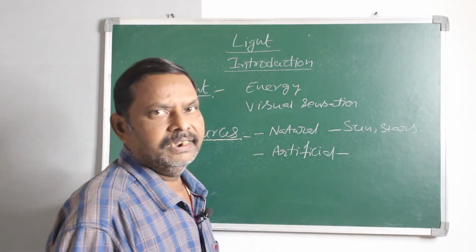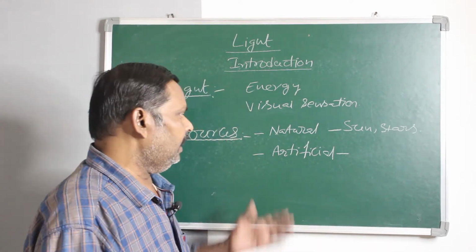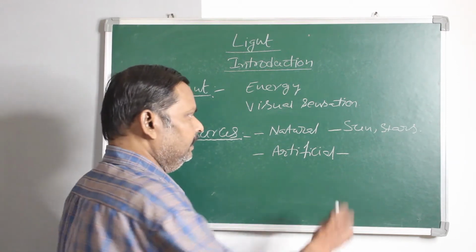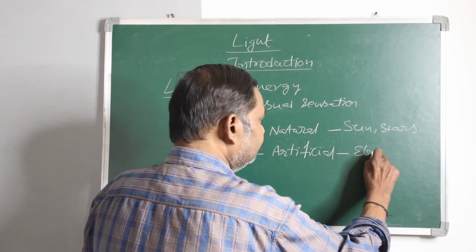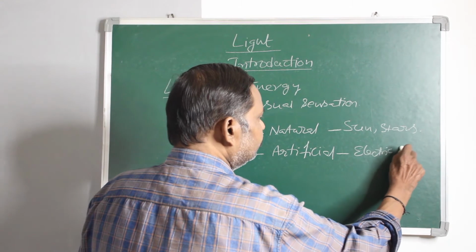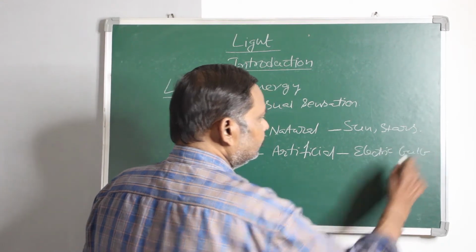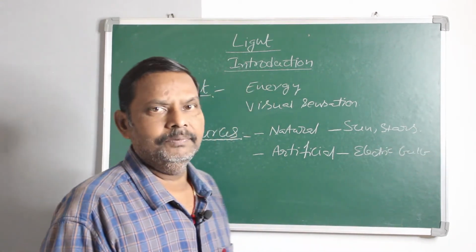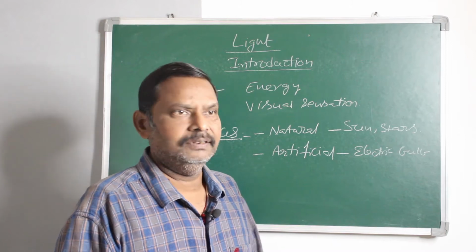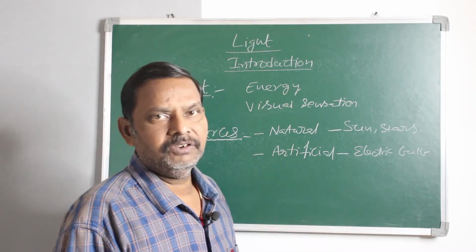These two are the natural sources of light. An artificial source of light is the electric bulb. Electric bulb, LED bulb, LCD bulb, all these are artificial sources of light.